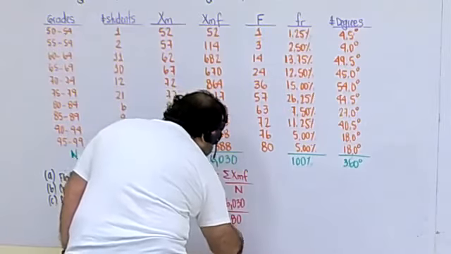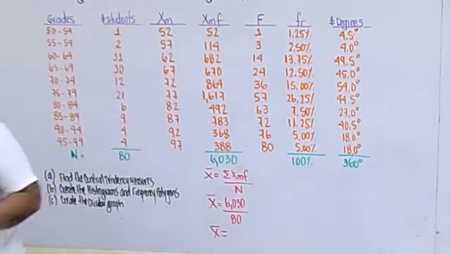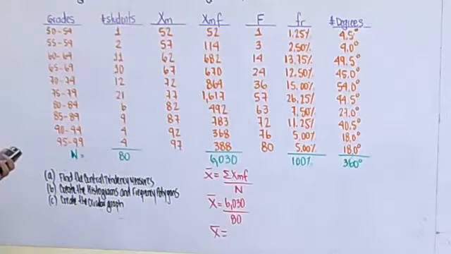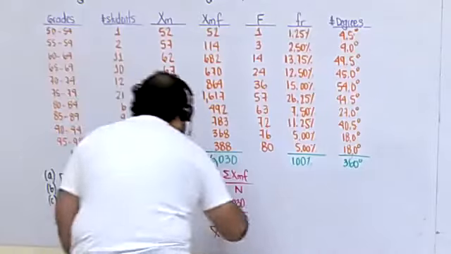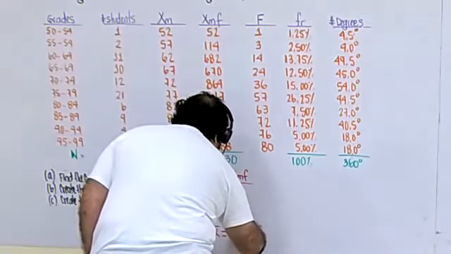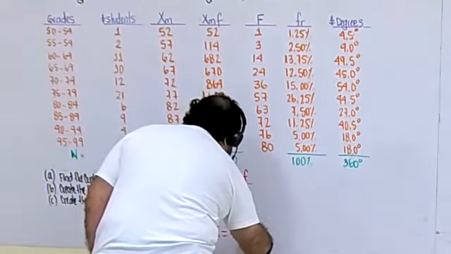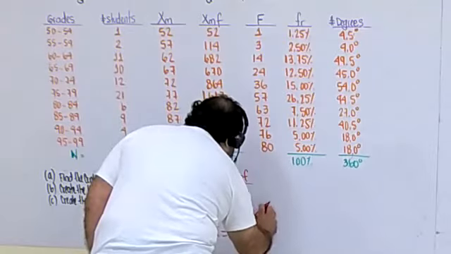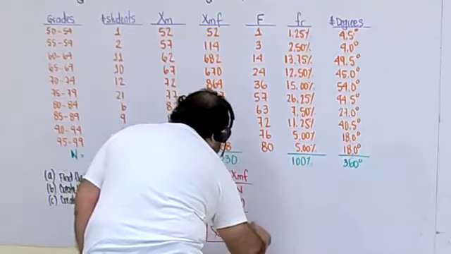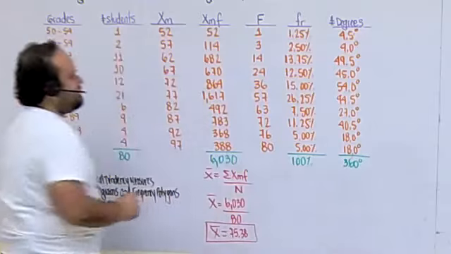For that reason, the arithmetic mean will be 75.38. Okay, this is going to be the arithmetic mean.